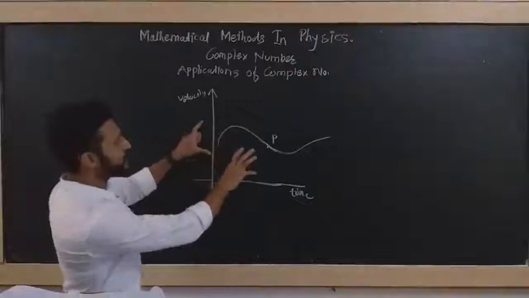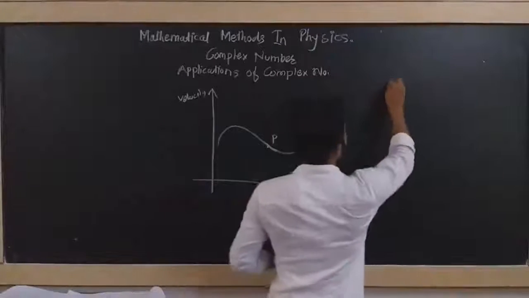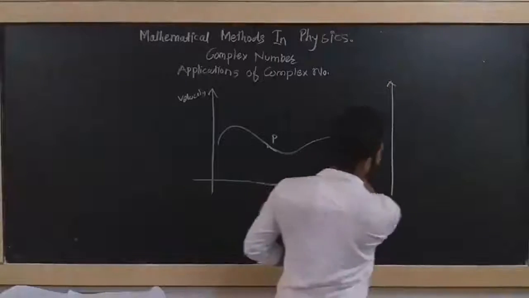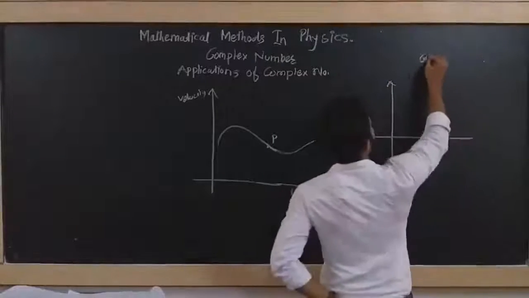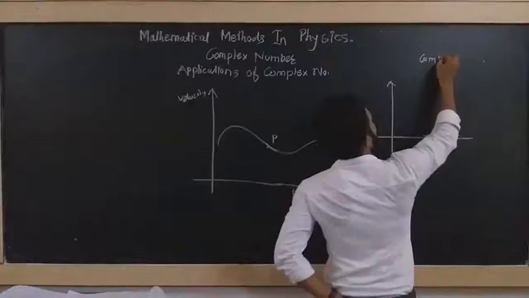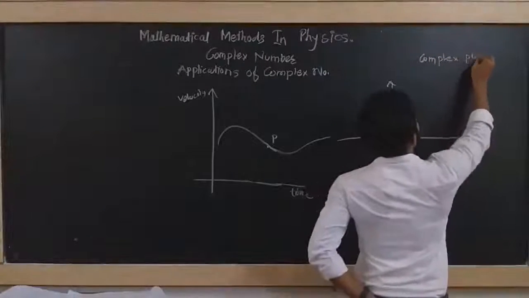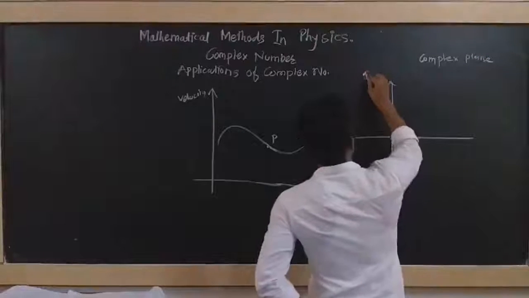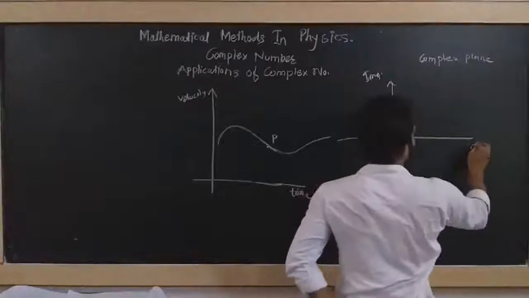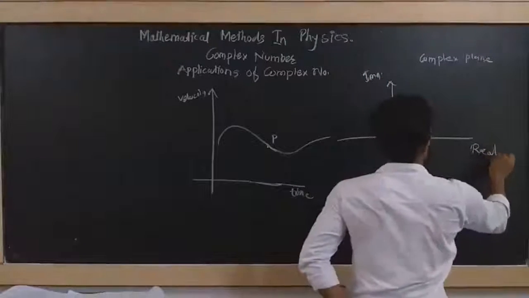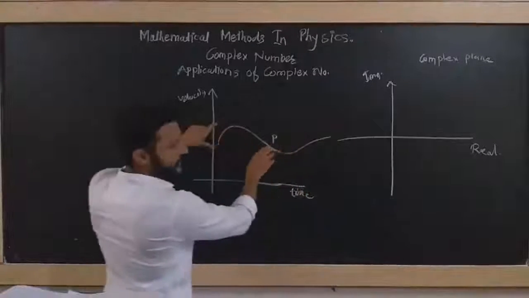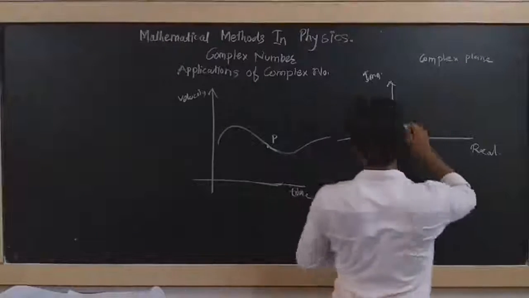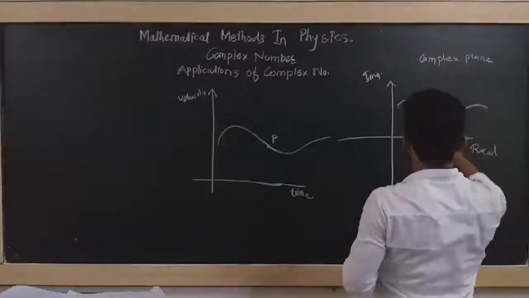So if we take this representation and put it on the complex plane, with an imaginary axis and real axis, it will look something like that.